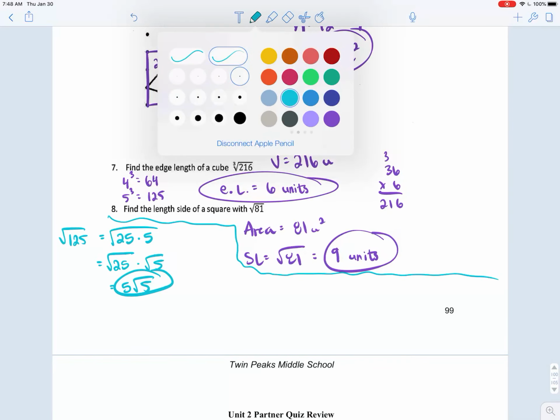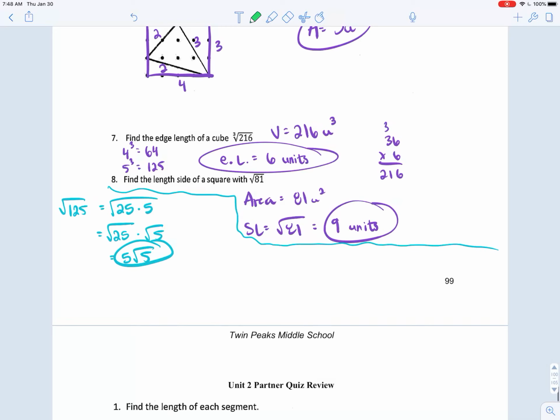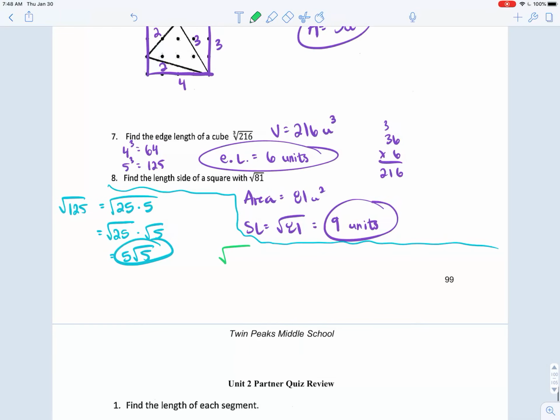Let's do one more. I'm going to do the square root of 80. If you can't find a perfect square, that's okay. Let's split it into really any two numbers. I mean, we could even do more numbers if you want.